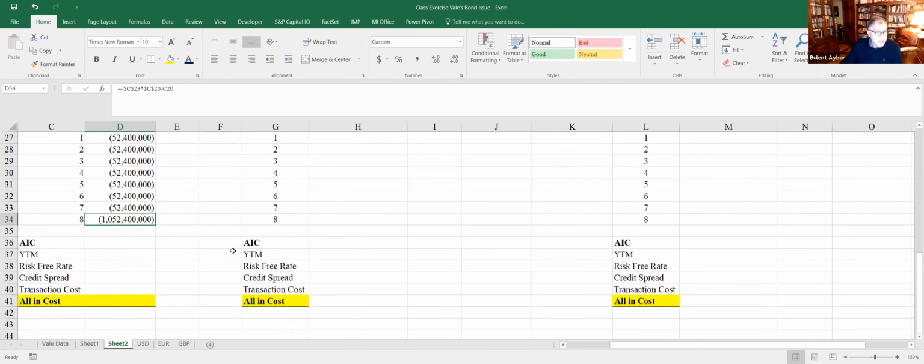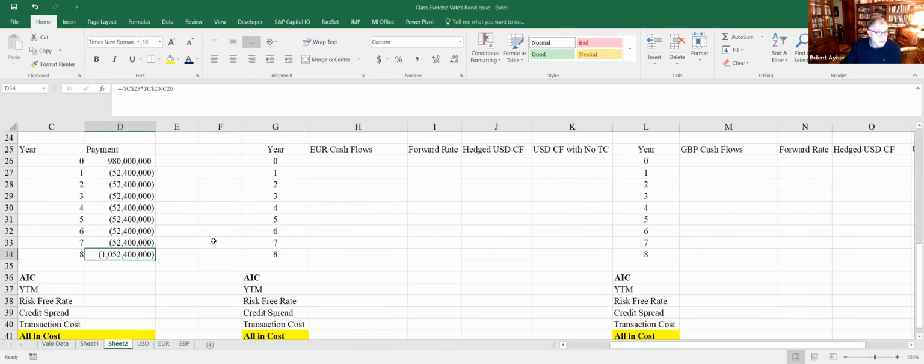So from here, we can easily calculate the all-in cost of this bond. The all-in cost can be calculated by simply calculating the internal rate of return of this stream of cash flows.